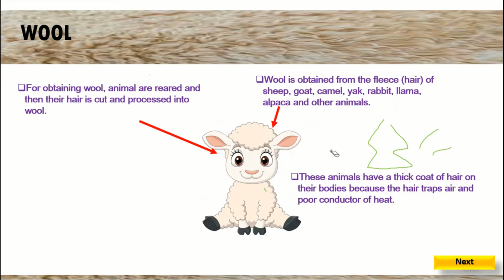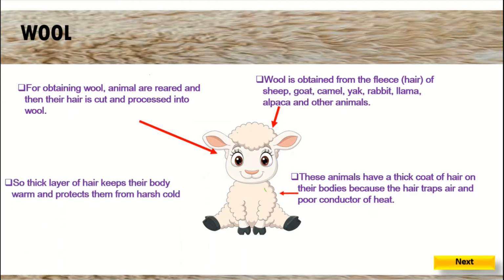So let me erase. So let us go. A thick layer of hair keeps their body warm and protects them from harsh cold, right? So in winter season it will keep them very warm as the air is getting trapped inside, and protects from harsh cold.